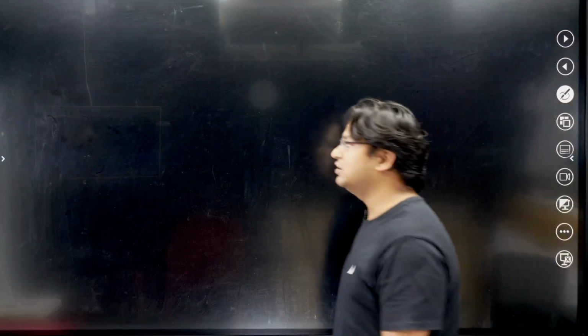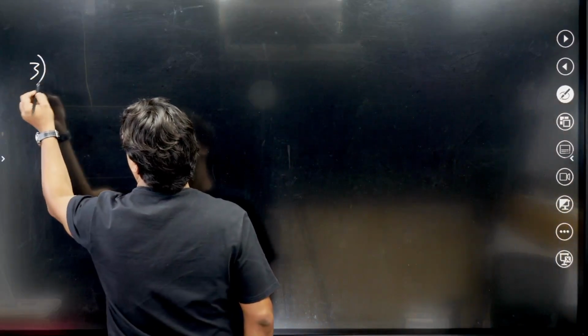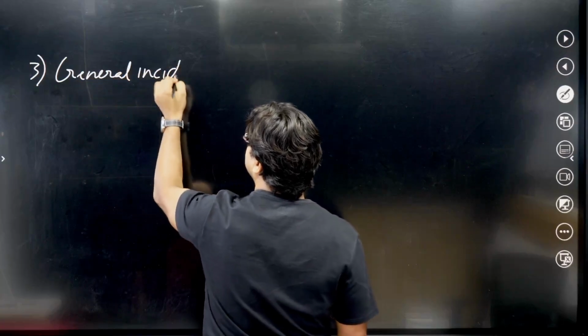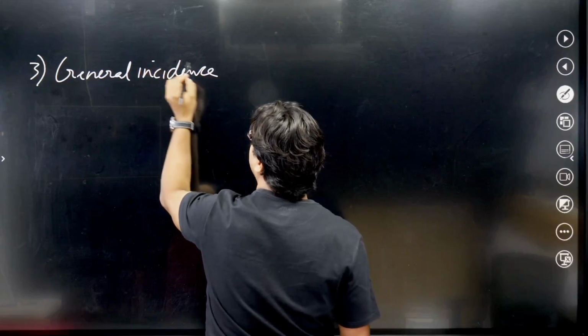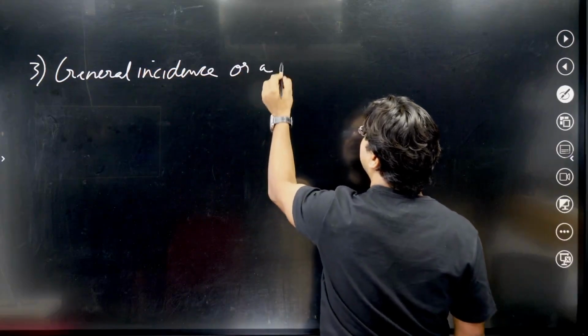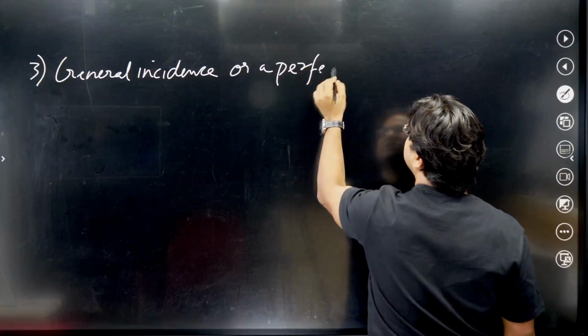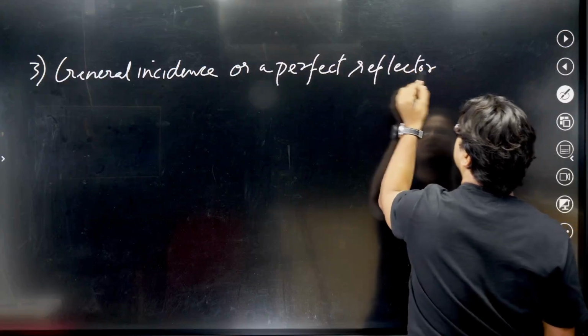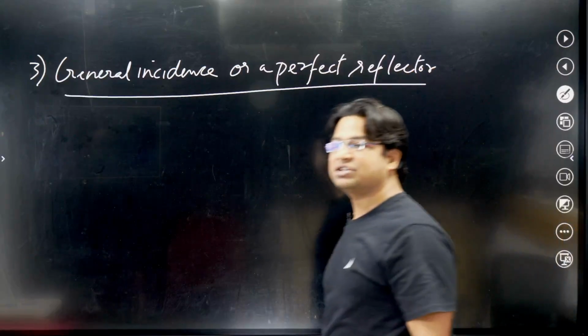Now a third case we can consider is where we relax the normal incidence condition. So I'm talking about general incidence now. I'm not restricting theta. General incidence on a perfect reflector. Let's see what happens if the reflector is perfect. What is the mathematical implication of this condition?